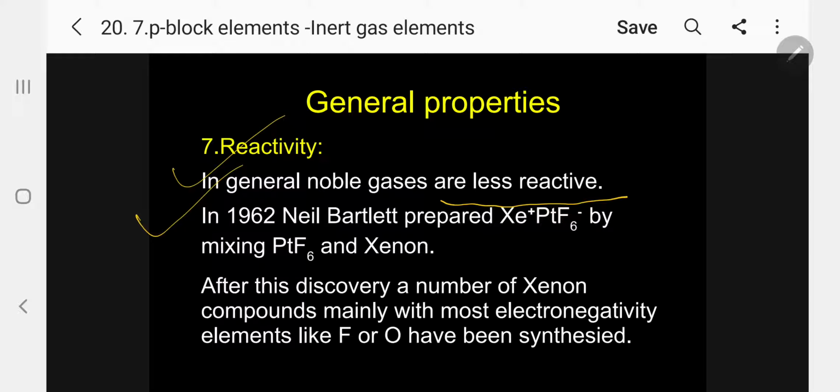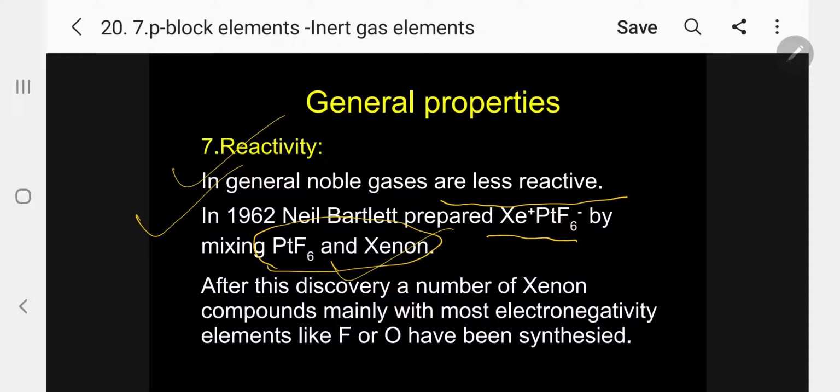However, in 1962, Neil Bartlett prepared a compound of an inert gas, Xe+ PtF6−, which is a compound he prepared by mixing PtF6 and xenon and applying suitable conditions. So he discovered the first compound.